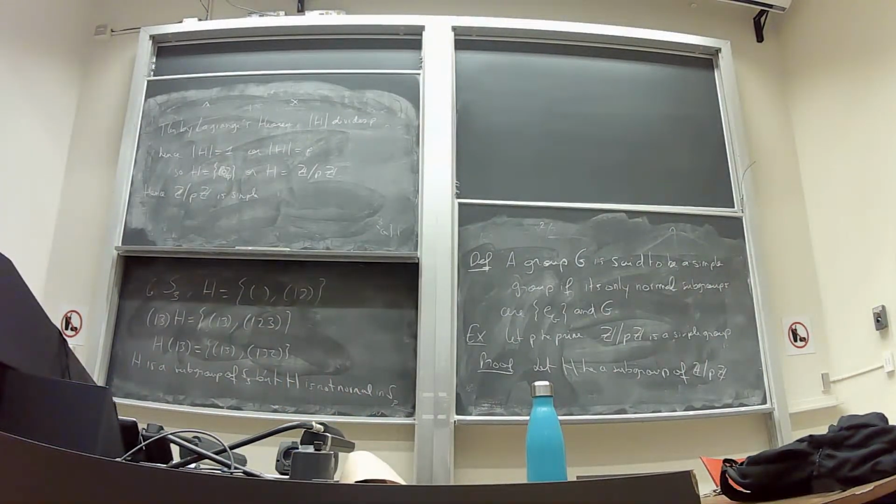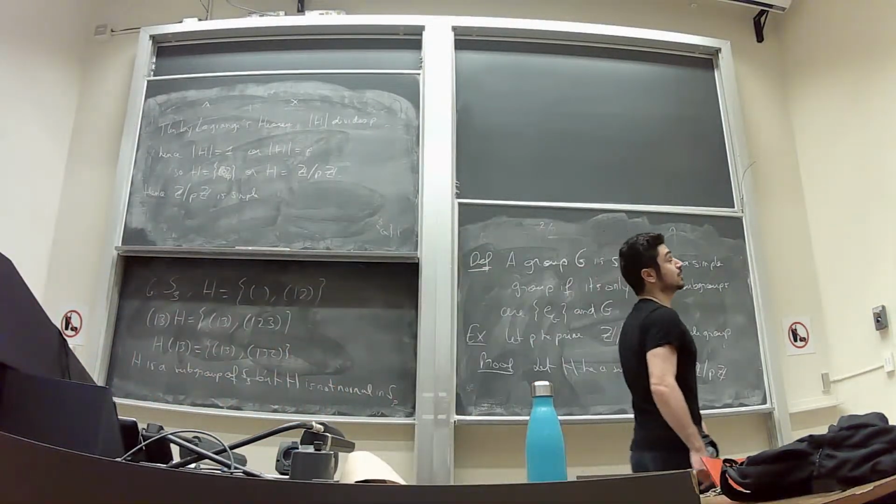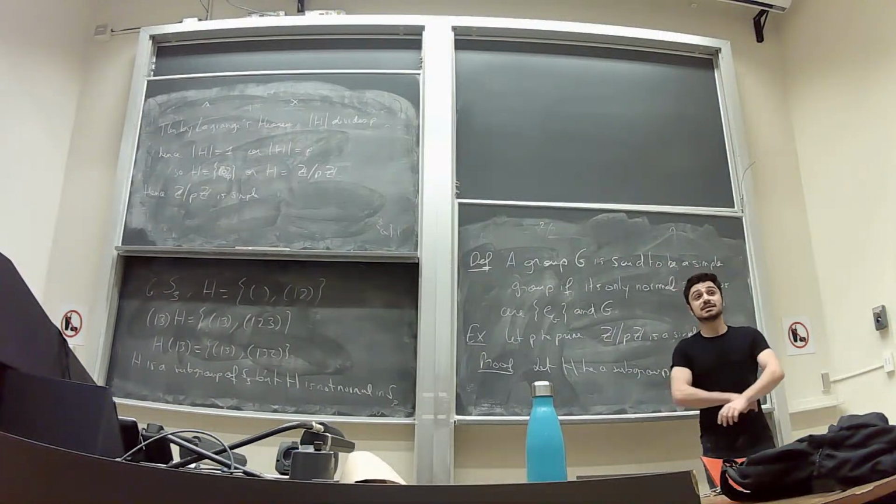Exactly. So you might have a group that is simple, but it has subgroups, but they're not normal. Of course, those groups will be non-abelian, right? The first non-abelian simple group has 60 elements.